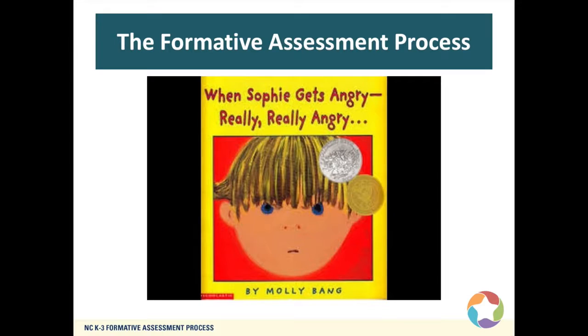So thinking about that group that had the learning status D and thinking about where I want to take them next, I decide to read this book called When Sophie Gets Angry by Molly Bang. During this lesson, I can think aloud about how Sophie's features and actions demonstrate her feelings. So I might say, oh wow, I can see here that Sophie's face is very red. She's yelling a big yell. That tells me she's feeling very angry.